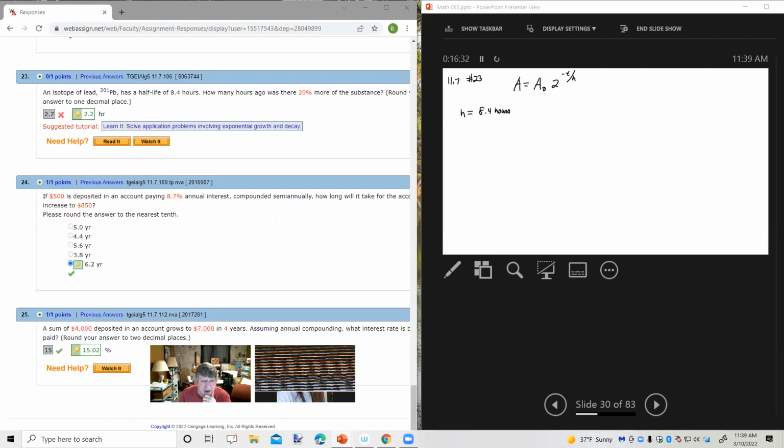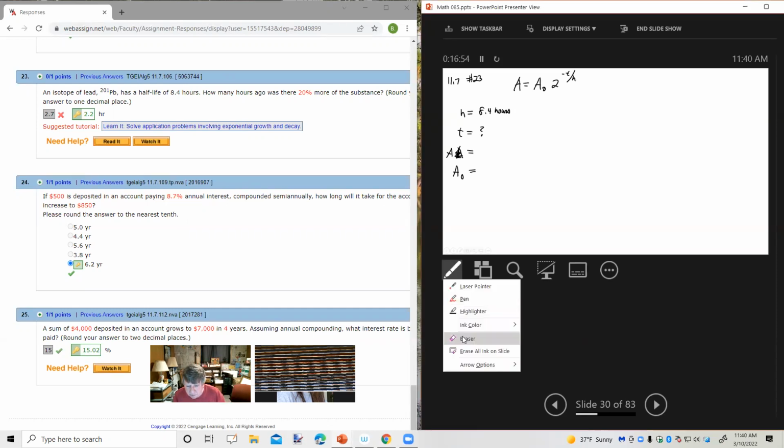It says, how many hours ago was there 20% more of the substance? So time is the unknown. That's the thing we're trying to find. So we've got the final amount and the starting amount. That's supposed to be just an A. Let's get the eraser and clean that up.